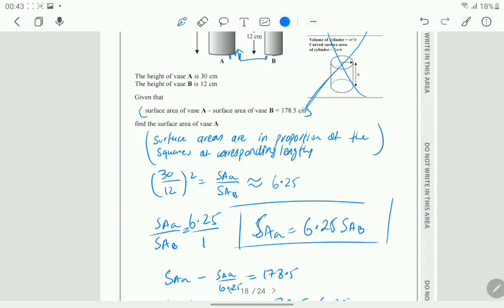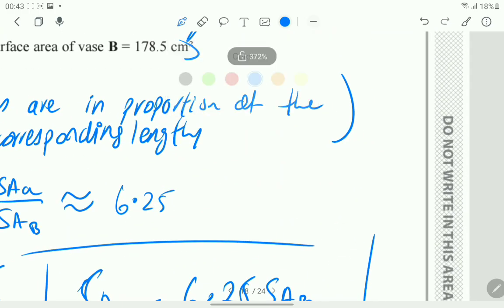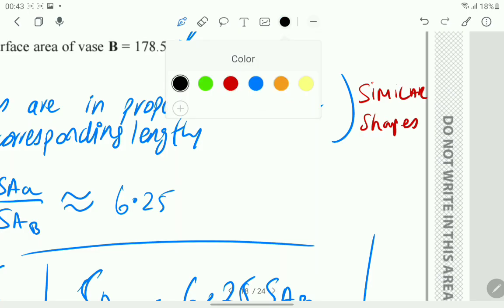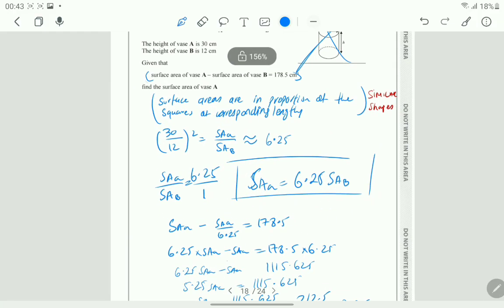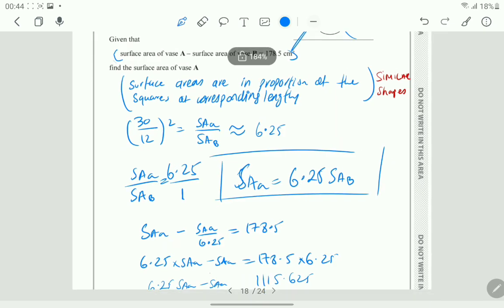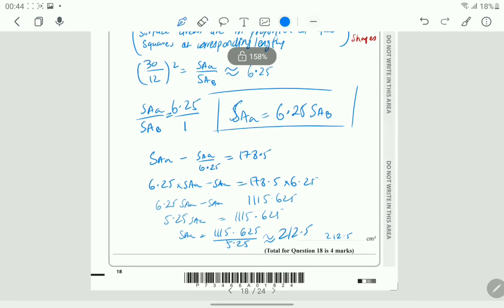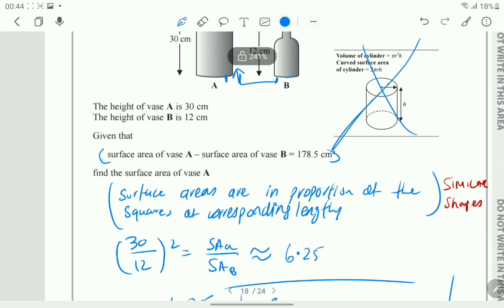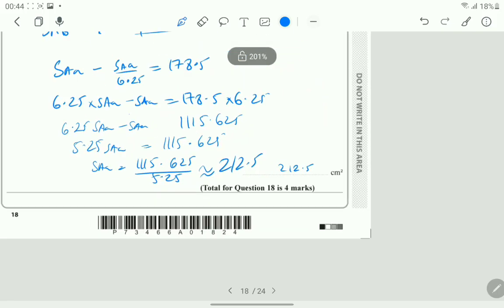Surface areas, for similar shapes, are in proportion of the squares of corresponding lengths, and these corresponding lengths and their square means that surface area of vase A was 6.25 times the surface area of vase B, and using that we created a relationship and then we substituted it into the equation provided by the question, and we were able to get the surface area of vase A.